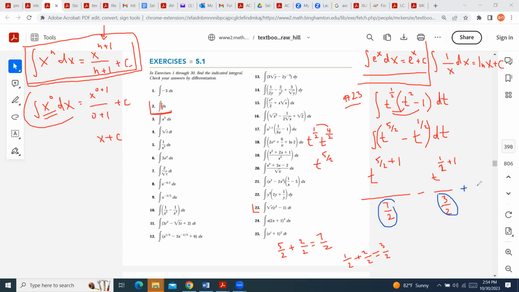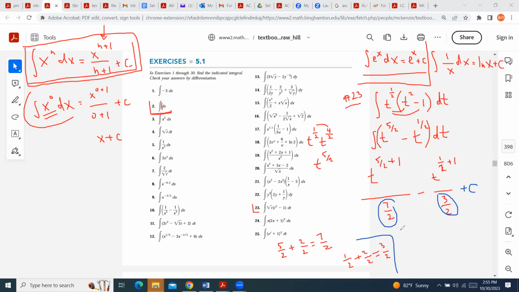And plus the constant. That's one thing you should not forget. In fact, some instructors might not even give any credit for the exercise if you forget this plus the constant. Eventually, I'll tell you why this is so important. So far, we just learned the procedures, but eventually we will see what these constants are actually designed for.